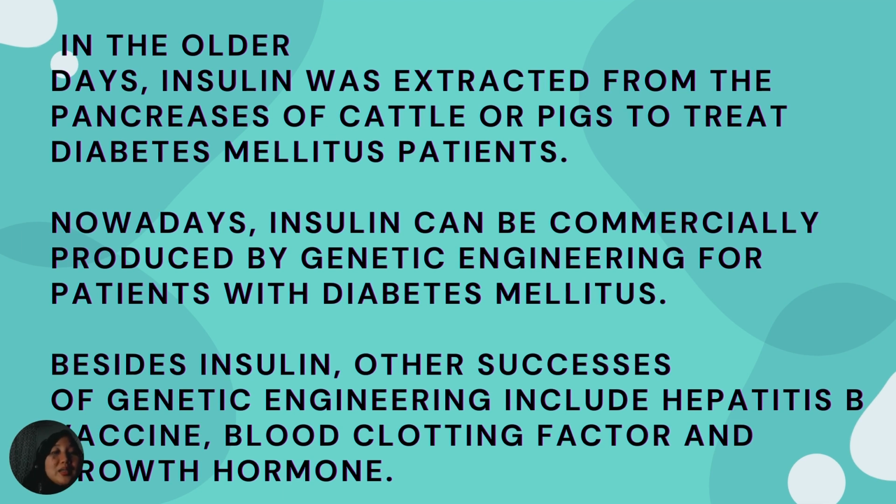Maksudnya boleh dihasilkan di makmal. Okay. In the older days, insulin was extracted from the pancreas of cattle or pigs to treat diabetes mellitus patients. Okay. Seperti kita tahu, patients with diabetes mellitus, there's a high concentration of glucose in their body where insulin cannot cooperate with that.